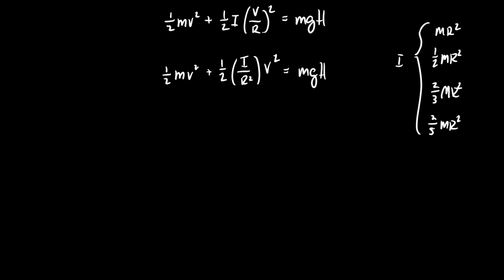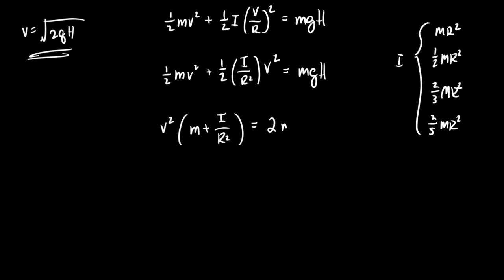And if it was just sliding without friction, we know that this would have equaled the square root of 2gh, because we've done it so many times, right? Something slides down a ramp with no friction, that's how fast it's going when it gets to the bottom. So just keep that in mind as we work this out. I'm going to do the obvious, multiply across by 2 and factor out the v squareds. I'm going to solve it for v.